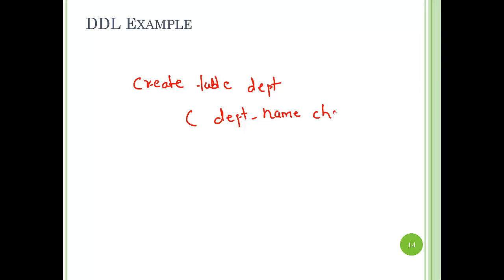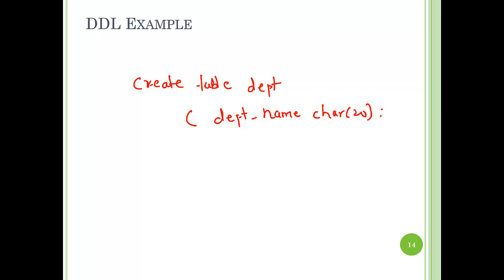So for a DDL example, we can see here, create table department. This is the SQL statement, create table. This is the syntax: create table department, and here you can mention the attributes that will define this department. So you can have department name, and we can mention the domain, that is character.